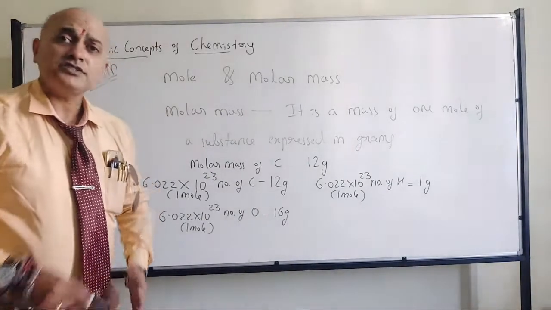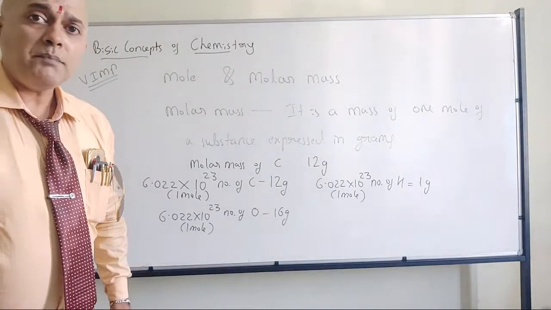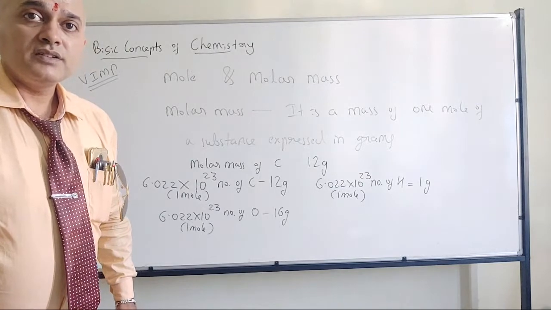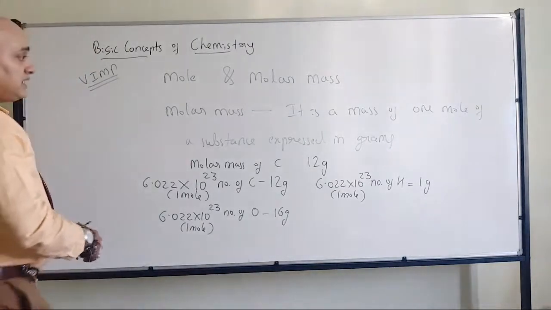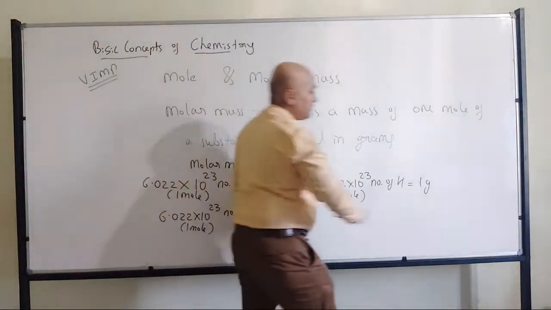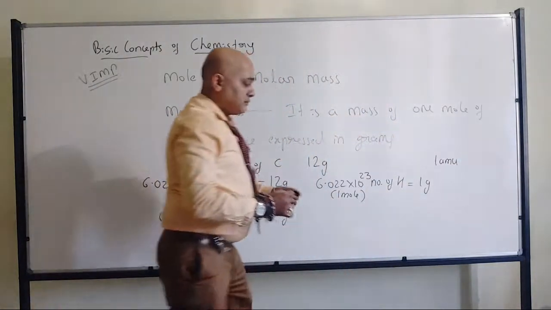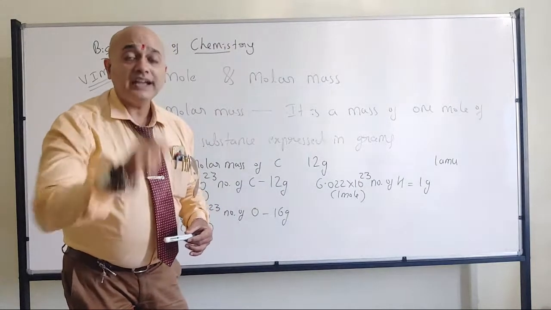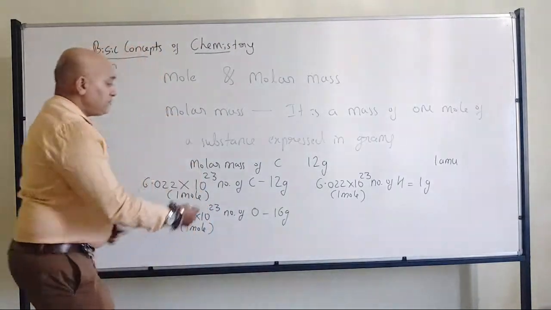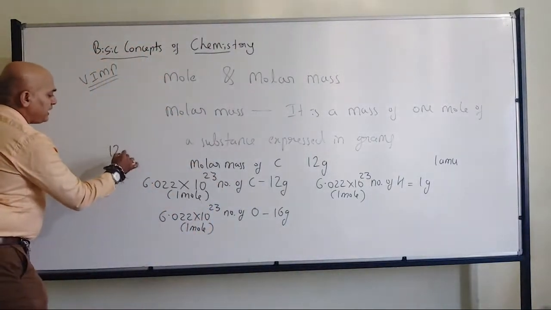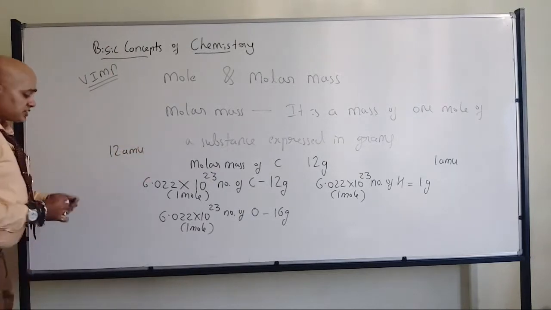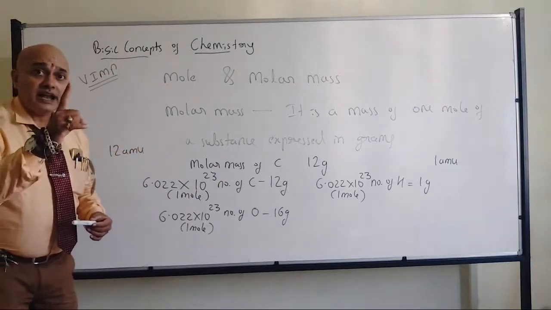All of you have understood? Got my point? That's where we have the difference. If I take hydrogen as 1 AMU, I am talking about 1 hydrogen atom. If I take carbon as 12 AMU, I am just talking about 1 carbon atom.